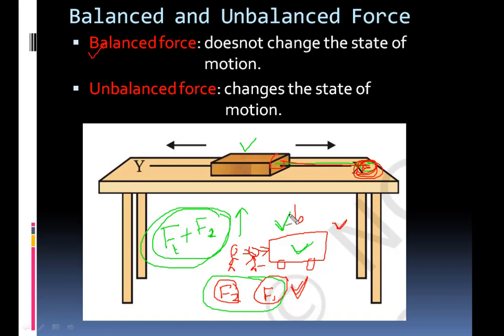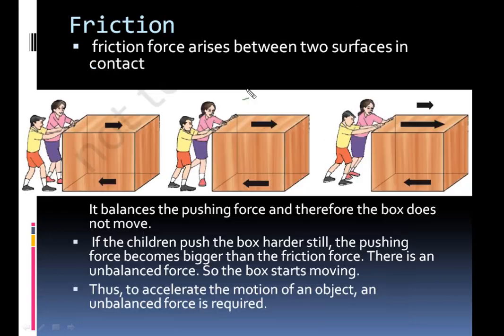So the force for which the state of the motion will change is known as unbalanced force. The force for which the state of the motion does not change is known as balanced force. Okay. So I hope you understand this difference between balanced and unbalanced force. So now let us continue.